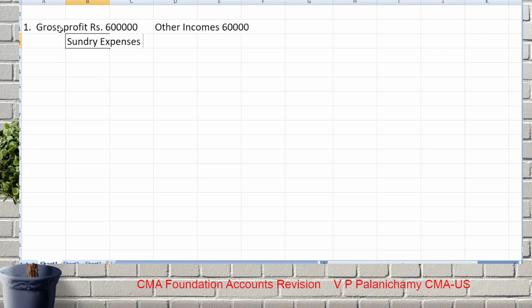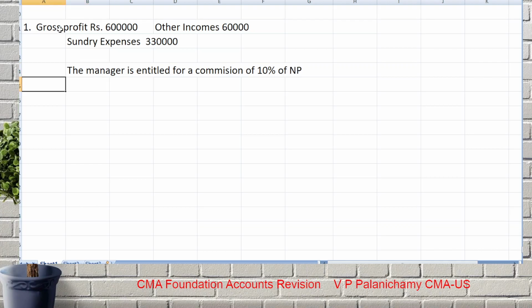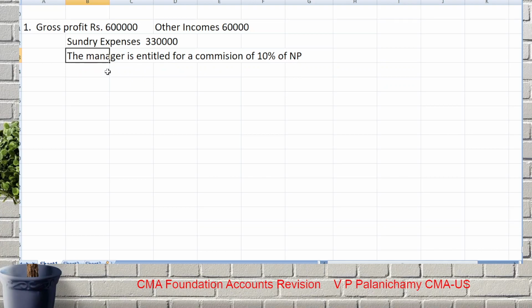Sundry expenses 3,30,000. The manager is entitled to a commission of 10% of net profit. Very simple.